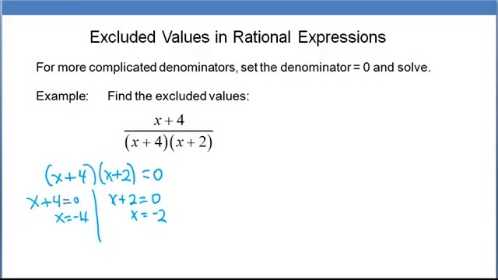So our excluded values are negative 4 and negative 2. You would need to find the excluded values before you simplify the expression. This expression will simplify. You can divide out the x plus 4s, but find the excluded values first.